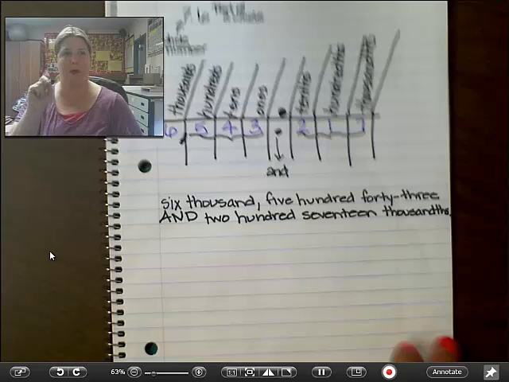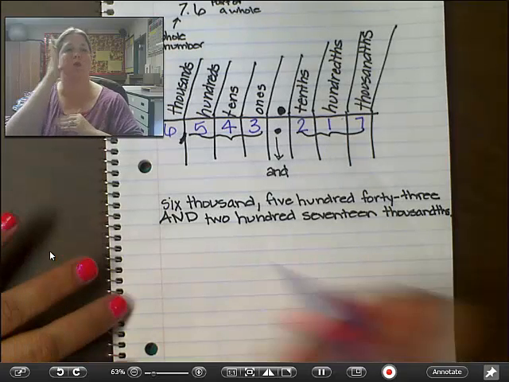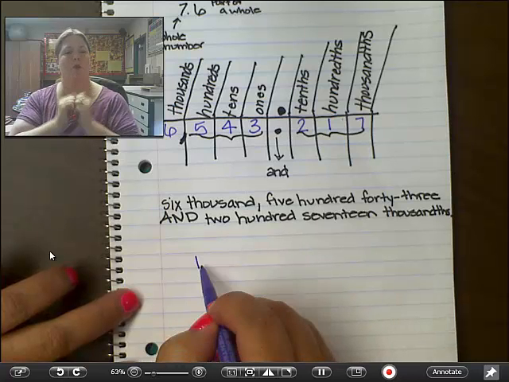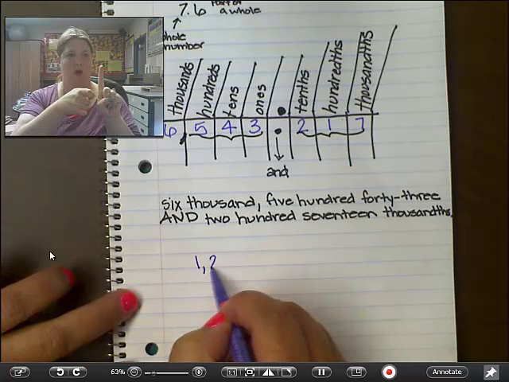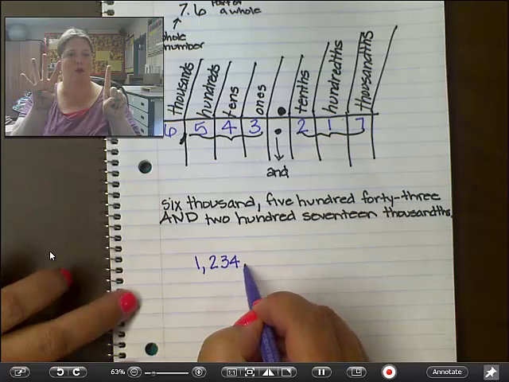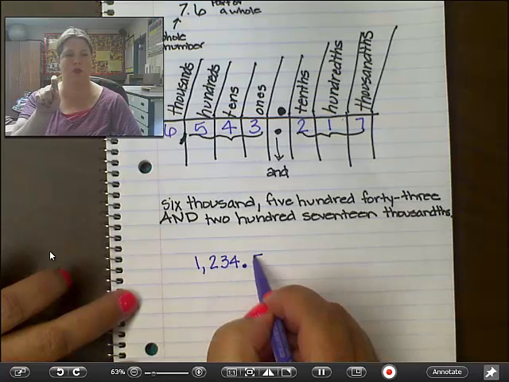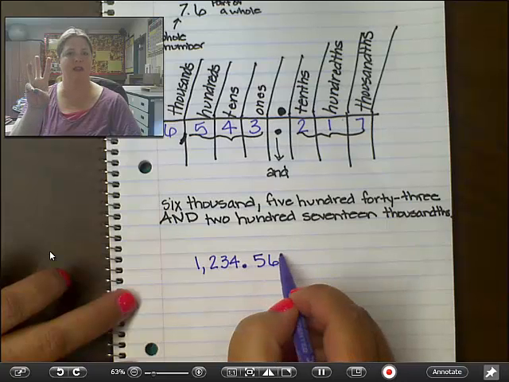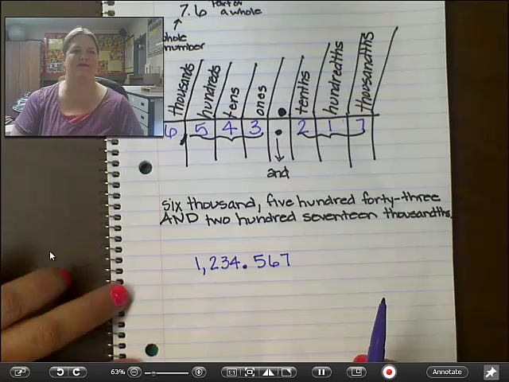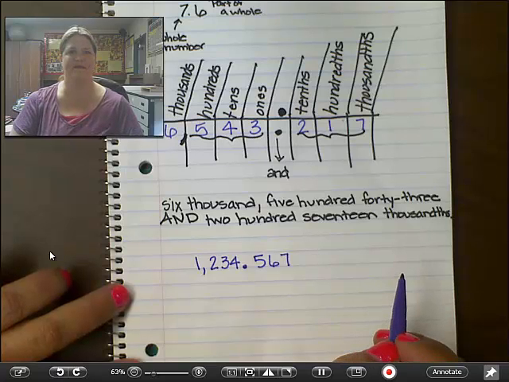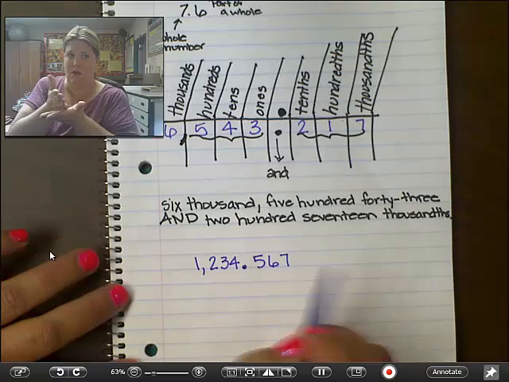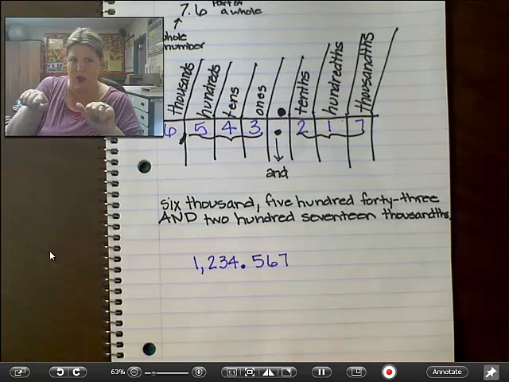Okay, next we're going to write down a number. Let's start 1, comma, 2, 3, 4, decimal, 5, 6, 7. You got it? If not, push pause. Okay, now we're going to put some shapes around different numbers.